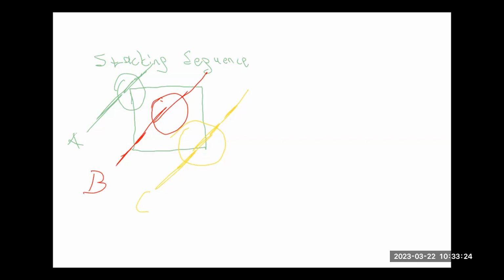A, B, C, A, B, C. It goes like A's, B's, and C's, right? Let me draw in 2D. This is also 2D, but I want to rather draw it in this way.